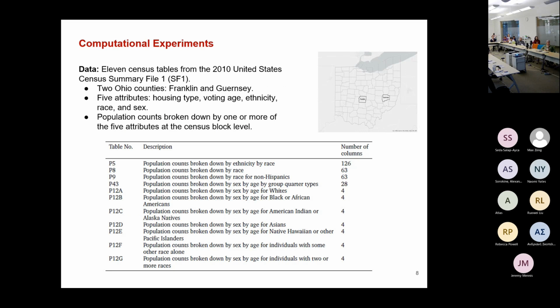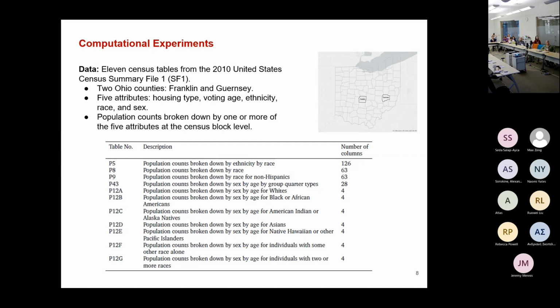We conduct a series of computational experiments to test the effectiveness of the proposed approach, as well as to illustrate how the synthetic individual level data can be used to contextualize census maps with privacy preserving data. And we select 11 census tables from the 2010 United States Census data to synthesize our individual level data set.